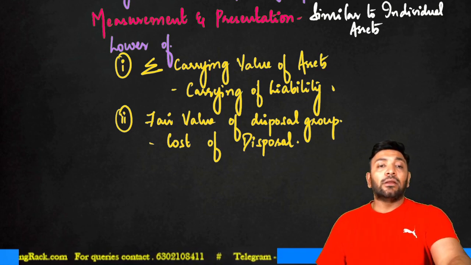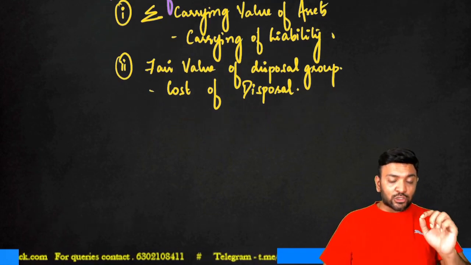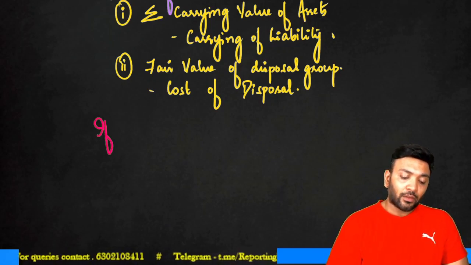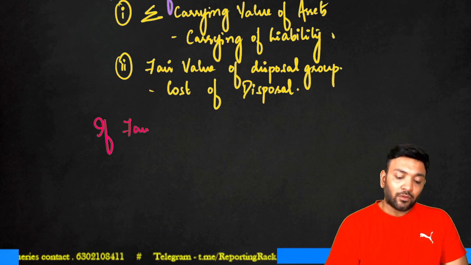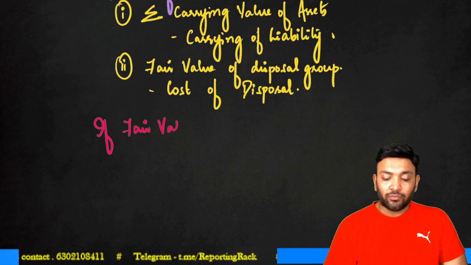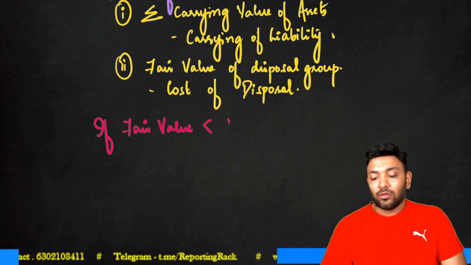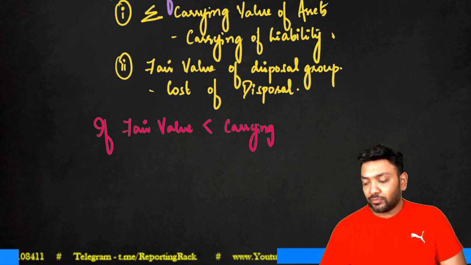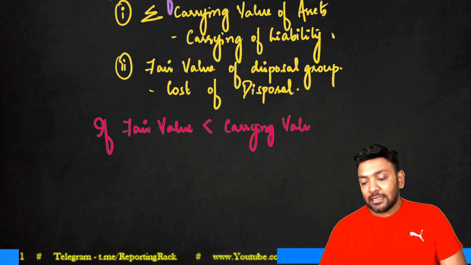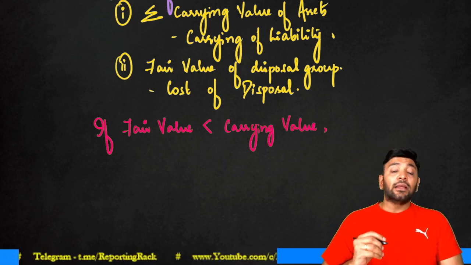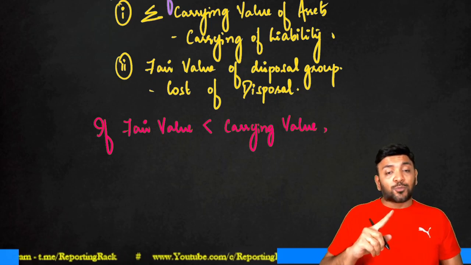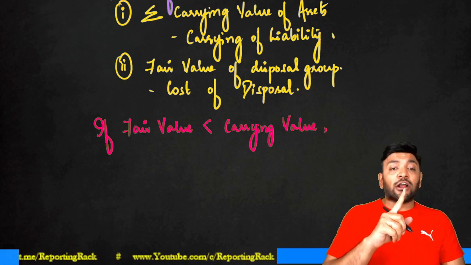But if the fair value is less than carrying value, in such case, the difference should be written off from all assets of the disposal group in the proportion of their carrying value.